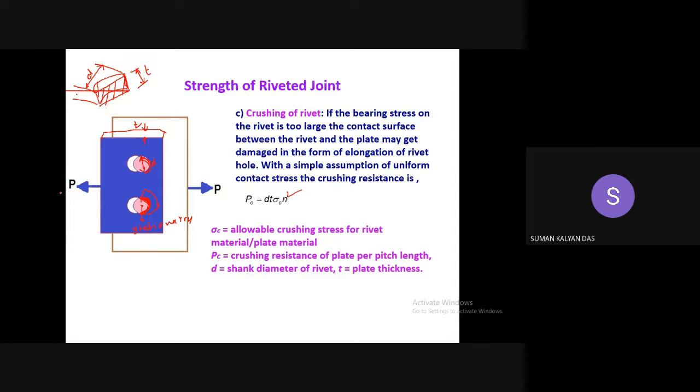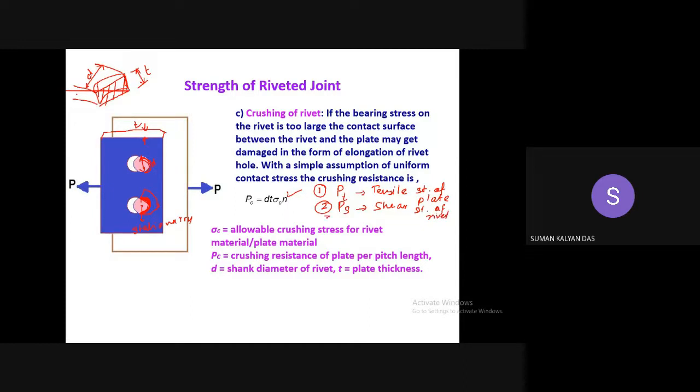One is the tensile, the first one is the PT, that is the tensile strength of the plate. Second one was PS, shear strength of rivet.